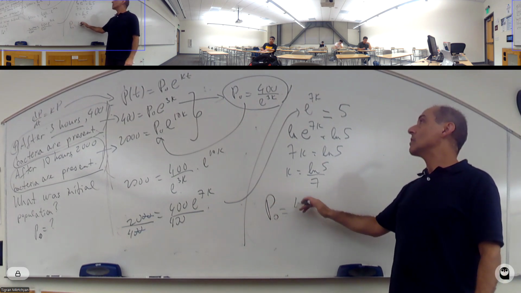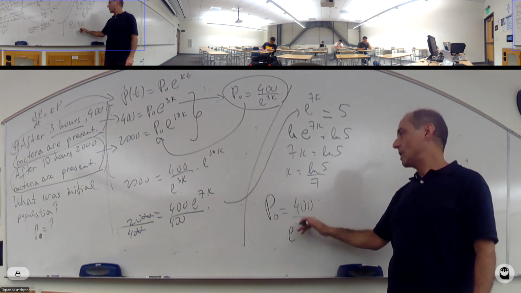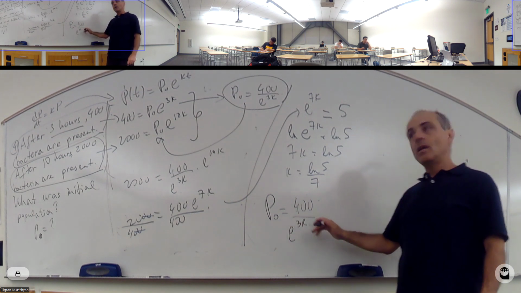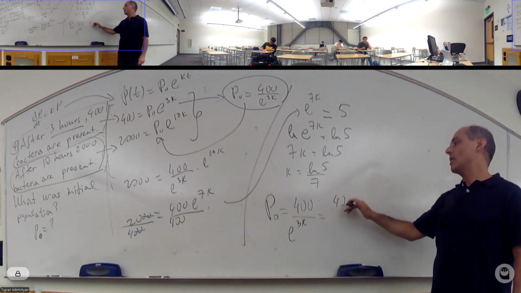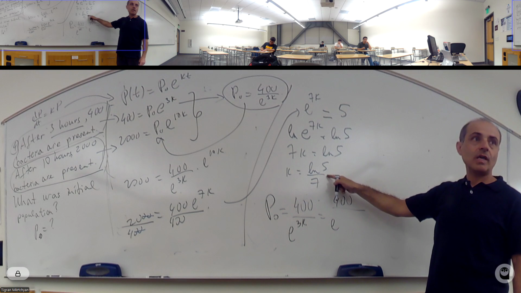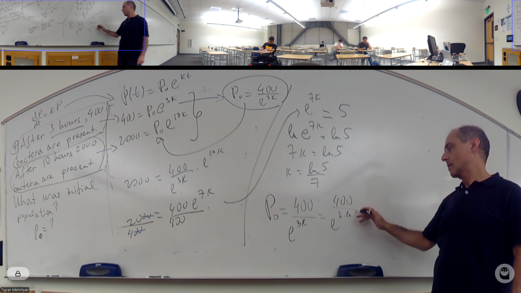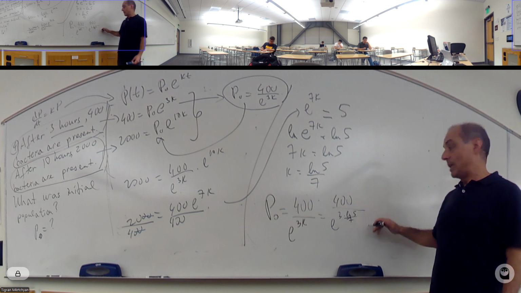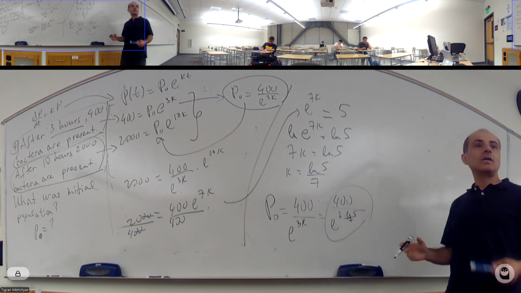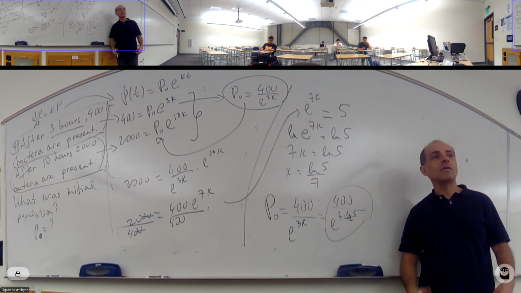So P0 equals 400 over e to the 3k, that's 400 over e to the 3 times that, right? By the way, I'm done, because this is some number. The calculator can calculate that, and that's what you want to have.